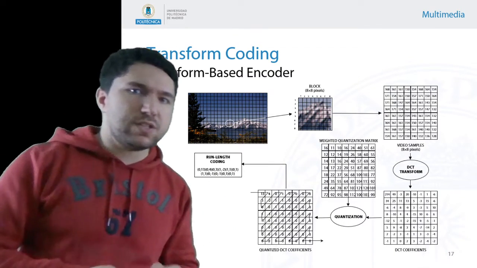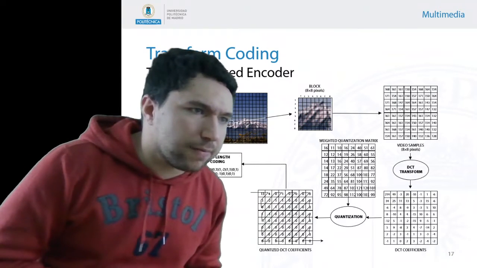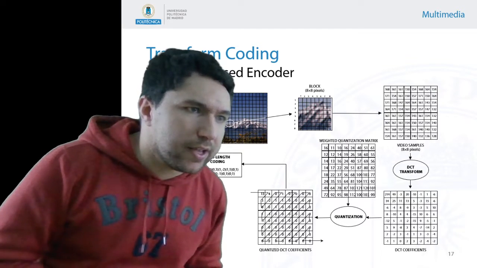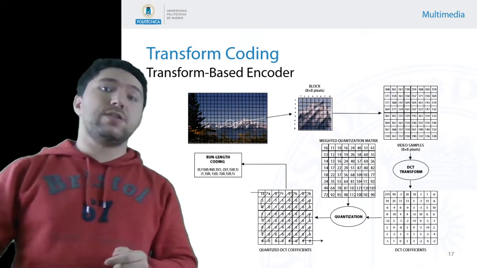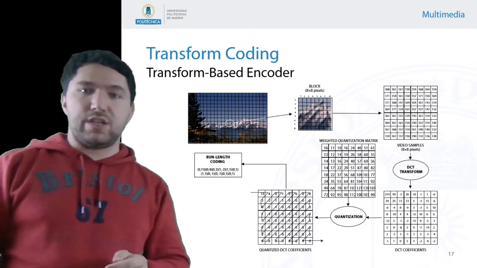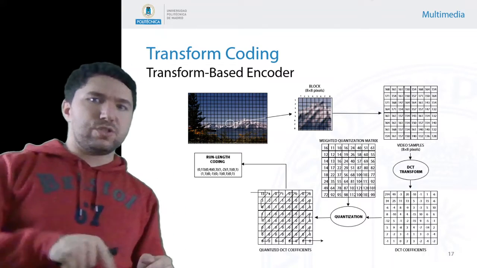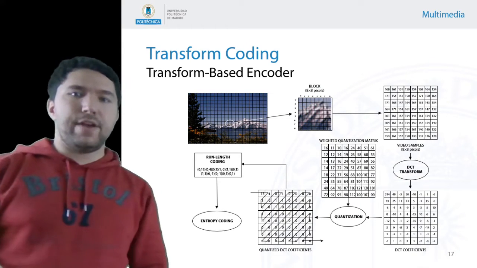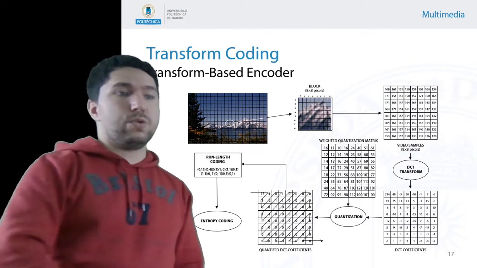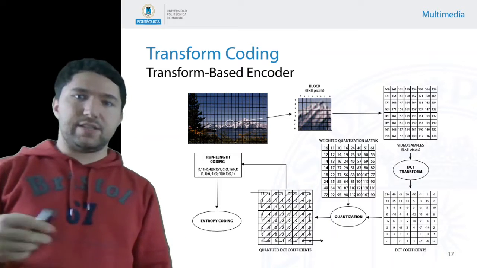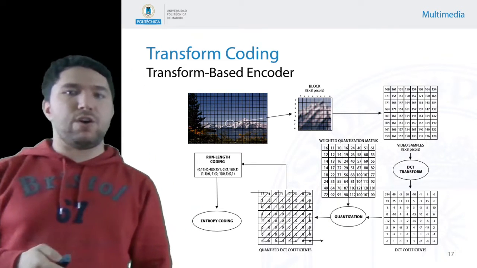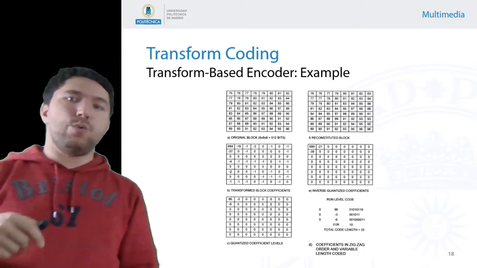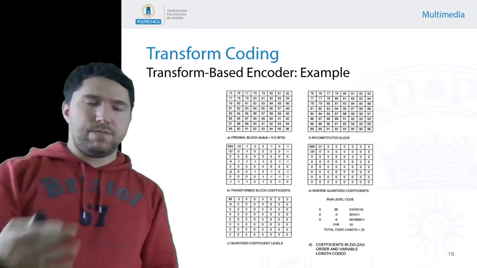Instead of encoding 64, in this case, I will have 1, 2, 3, 4, 5, 6, 7, 8, 9, 10, 11, I think 2 times 11, so 22. I will have to encode 22 values instead of 64. And then these values go through an entropy encoder, a statistical encoder like Huffman or something like that. And this will be what I will transmit in the video or in the picture.